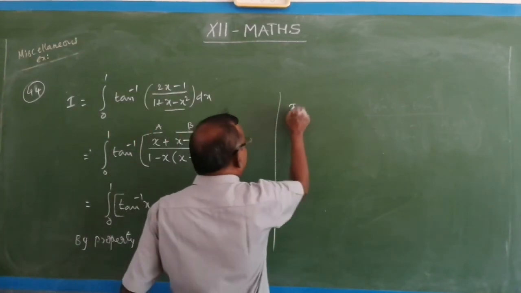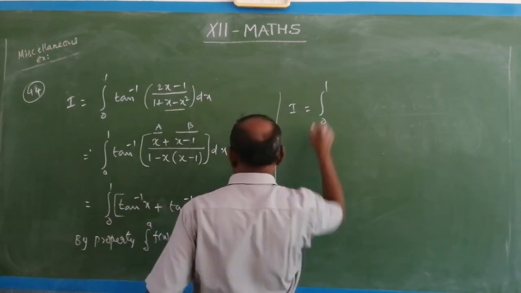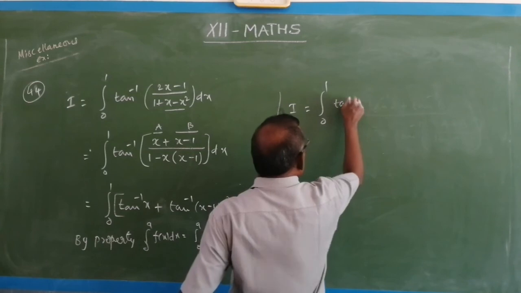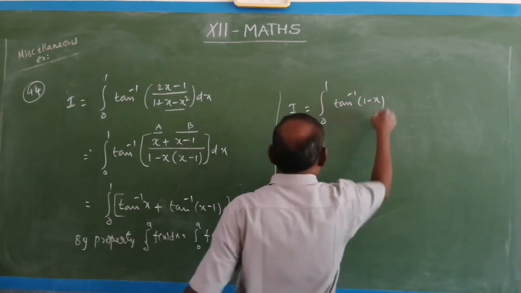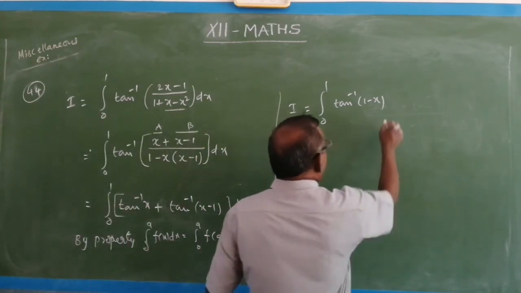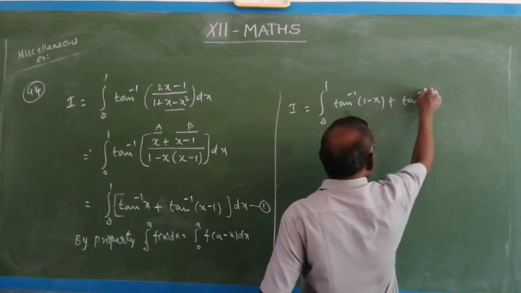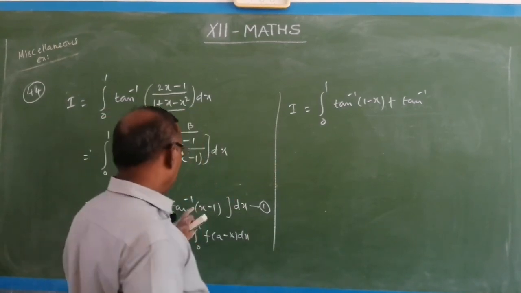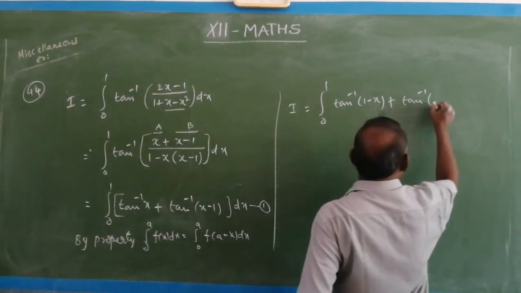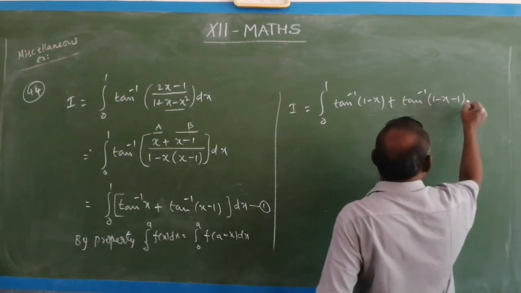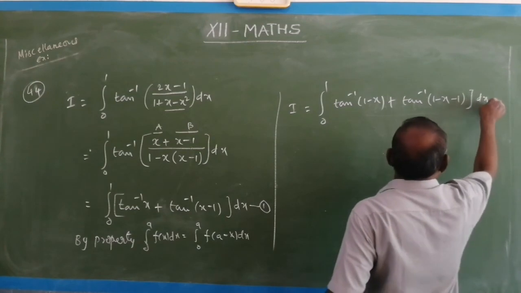We have I equals integral 0 to 1, so this is tan inverse of 1 minus x plus tan inverse of x minus 1 means 1 minus x, 1 minus x and minus 1 into dx.